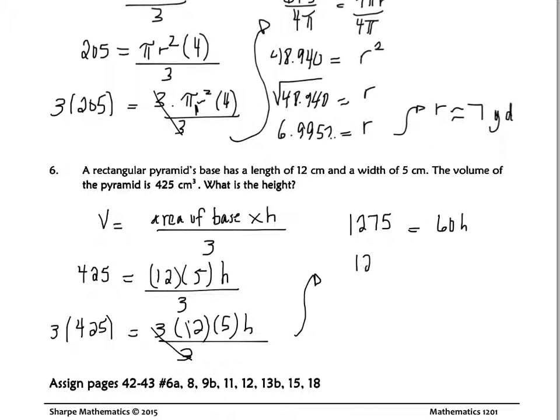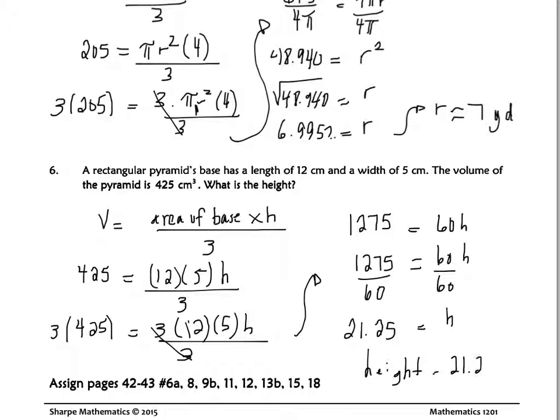So if I want to get the h by itself, I have to divide both sides by 60, and that's going to give me 21.25. So therefore the height would be 21.25 centimeters.